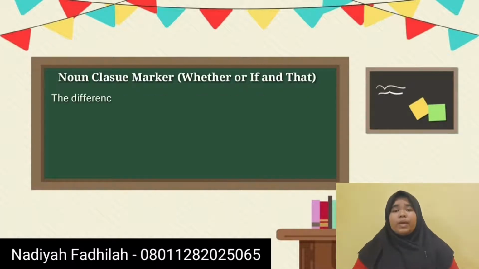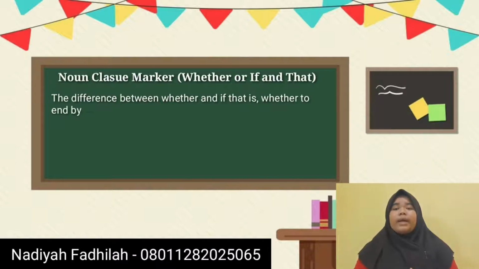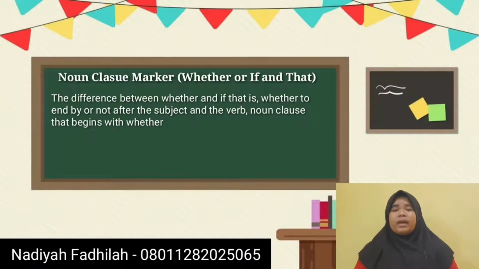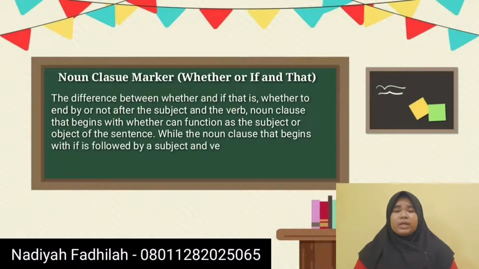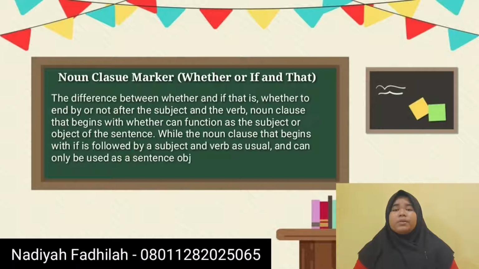The difference between whether and if is that whether can end with or not after the subject and the verb. Noun clauses that begin with whether can function as the subject or object of the sentence, while the noun clause that begins with if is followed by a subject and verb as usual and can only be used as a sentence object.